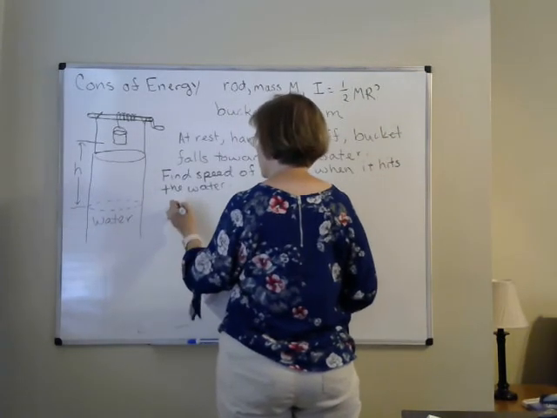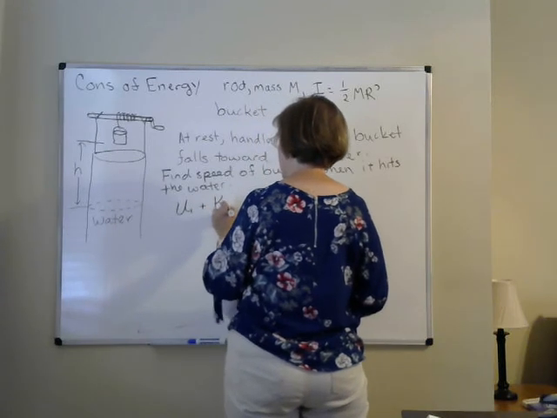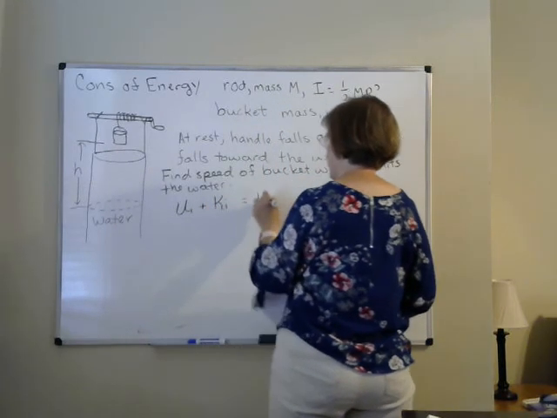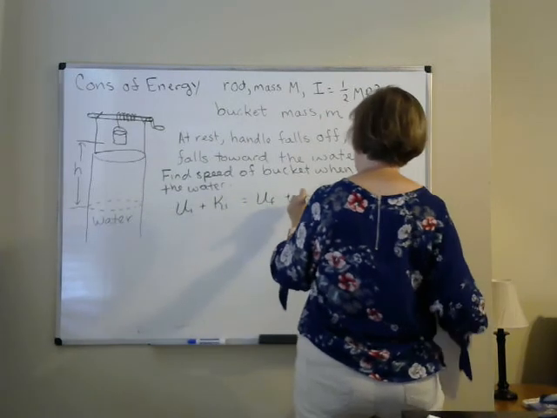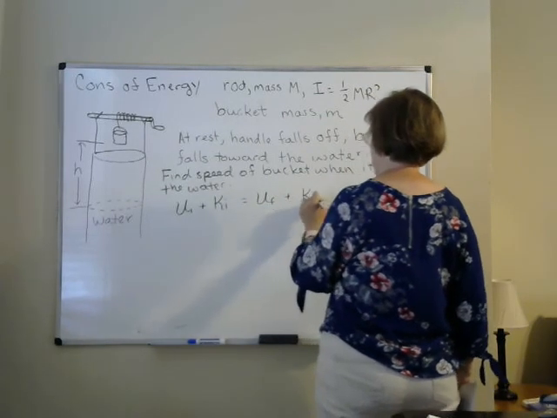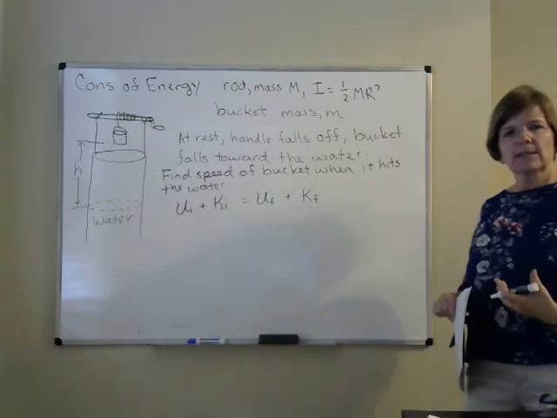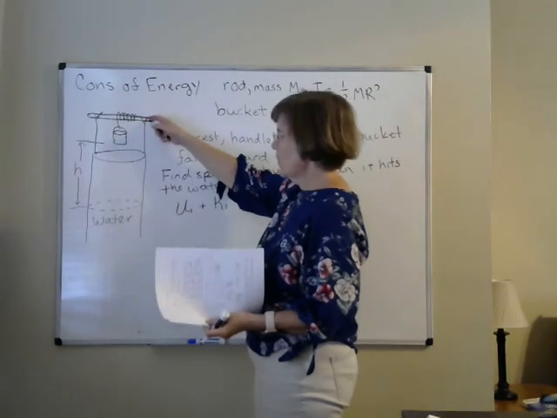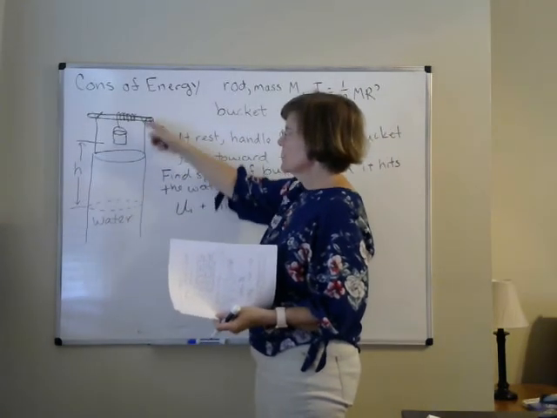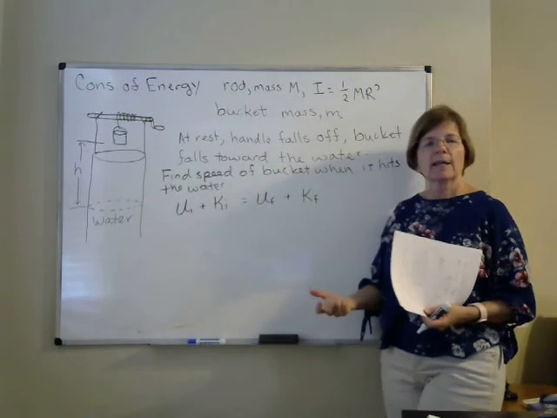Conservation of energy says my initial potential plus my initial kinetic equals my final potential plus my final kinetic. Now, remember, only changes in potential energy are really significant. I don't really have to know how high this rod is above the water because there's not going to be any change in gravitational potential energy of the rod.